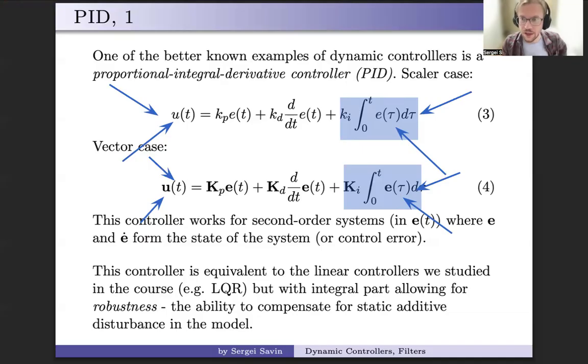As soon as your error is zero, this will stop changing. This will become static. So that's how visually you can imagine PID having a state. It has a state because there is something internal to the controller that keeps increasing and changing your output. For the same exact input, it keeps producing different outputs. Any questions?